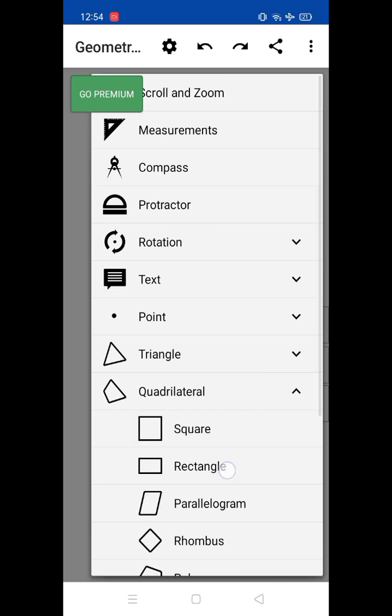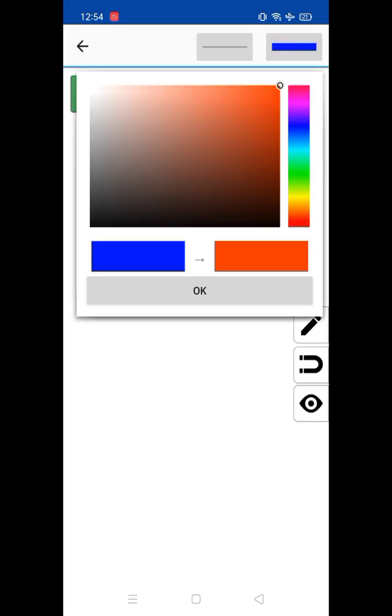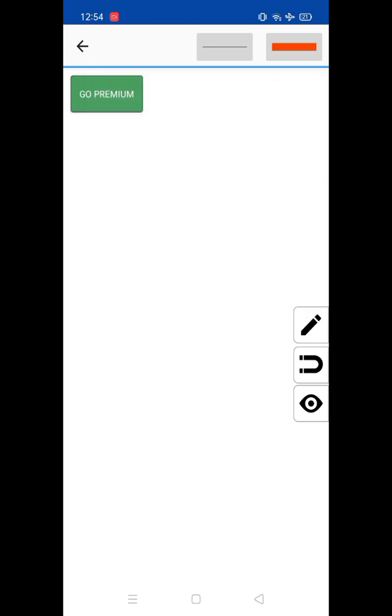Sorry, rectangle. And let's change the color. I prefer red. Here and here. It is automatically drawn again. The lines AB and DC are parallel, and lines AB and BC are parallel, and the interior angles are all 90 degrees.